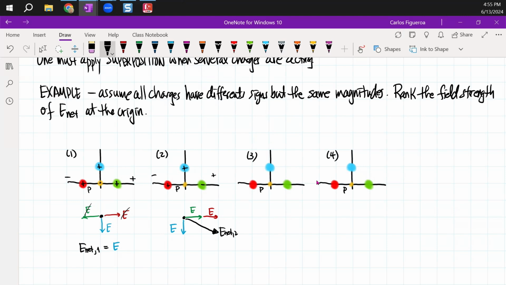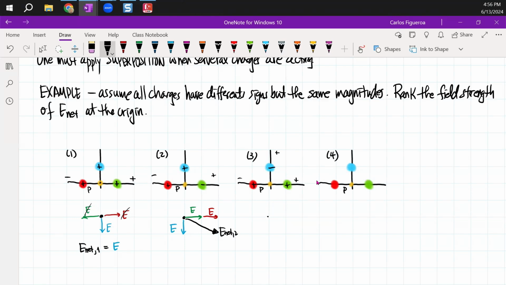What if I did something differently? What if I have positive, positive, negative? Again, from symmetry, we can see that the charges on the x-axis will be canceling out.